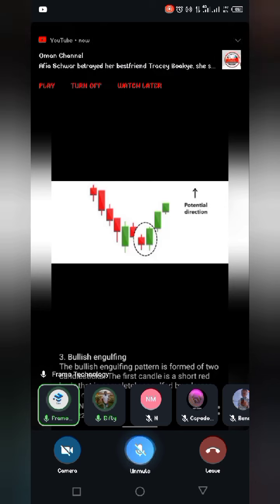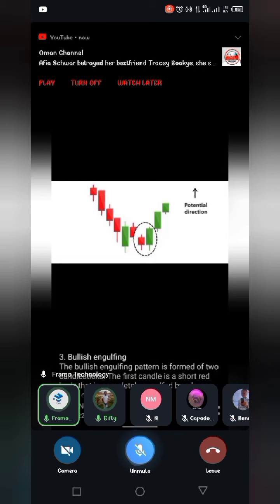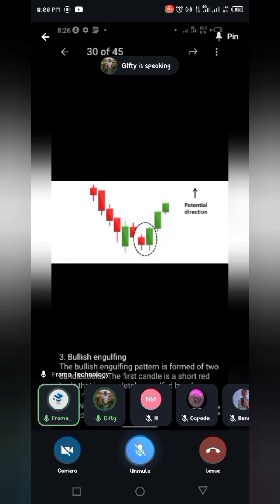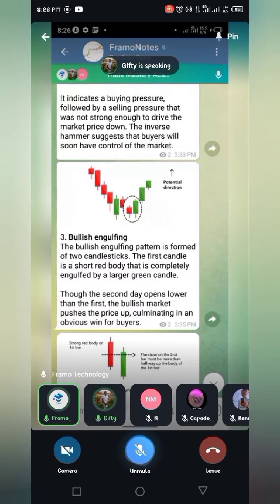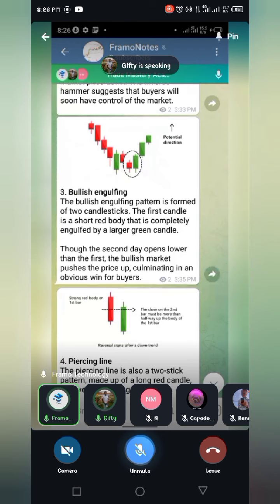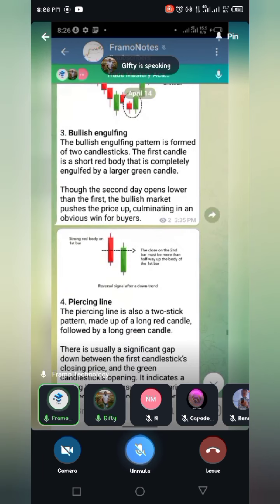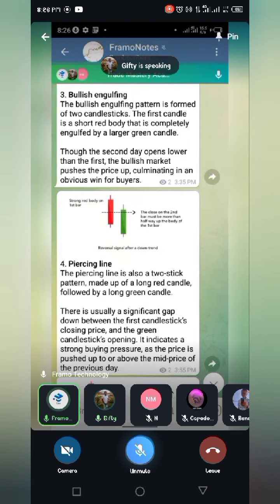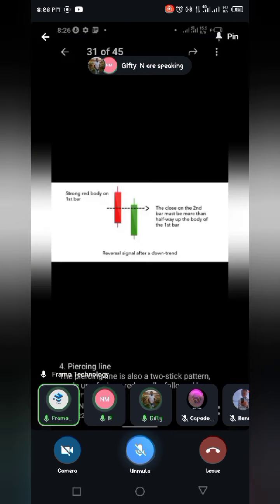Now, hammer, inverted hammer, bullish engulfing pattern, they are all bullish patterns. Okay. Now we are going to the next one, which is the piercing line. The piercing line.